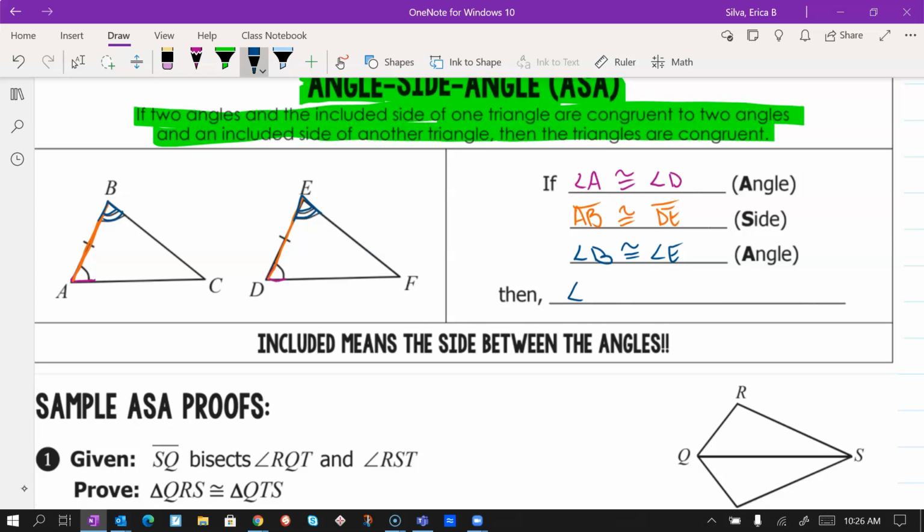So we've got triangle ABC is congruent to triangle DEF.